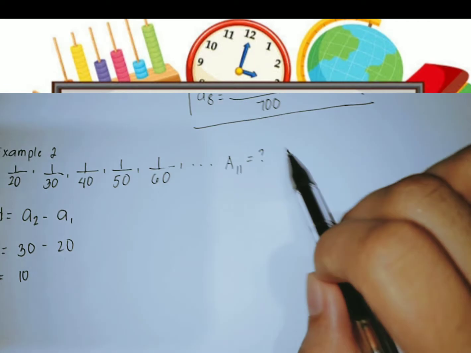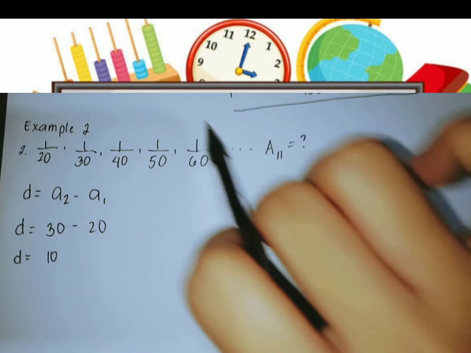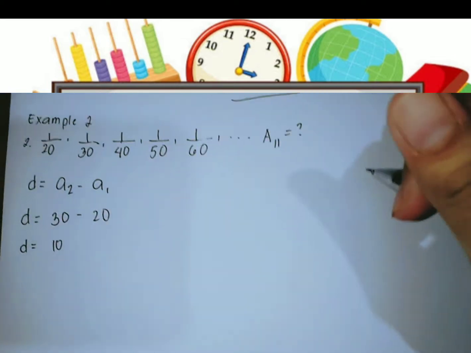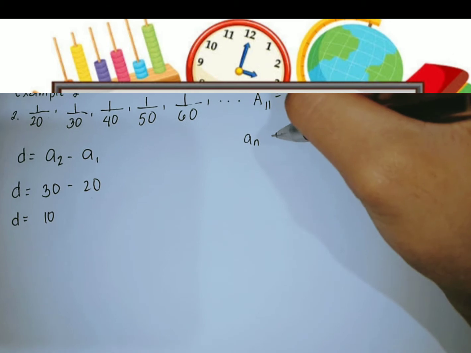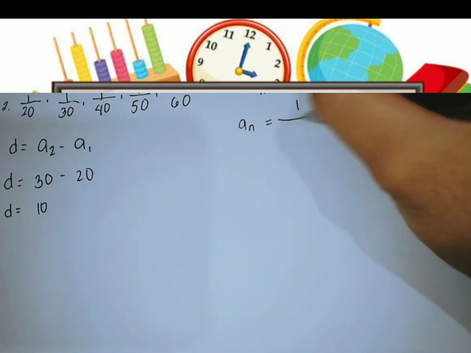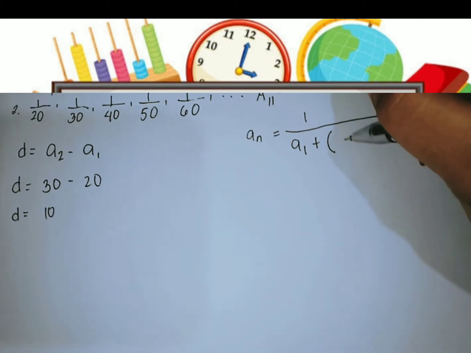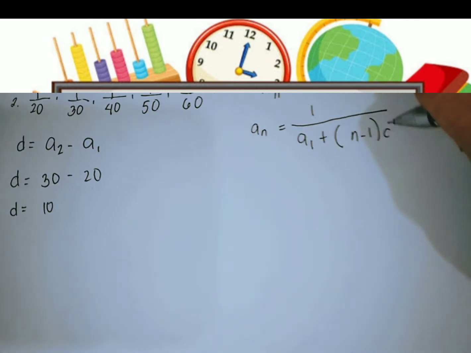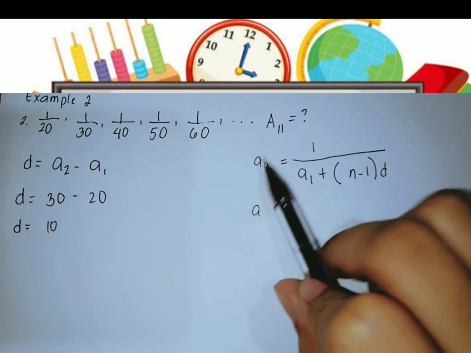Now we find the 11th term of this harmonic sequence. The formula that we use is a sub n is equal to 1 divided by a sub 1 plus quantity n minus 1 times d. Our n, we simplify it into 11.